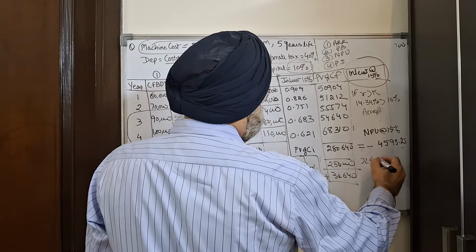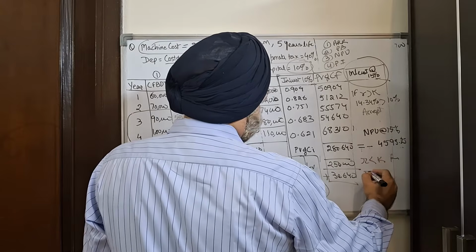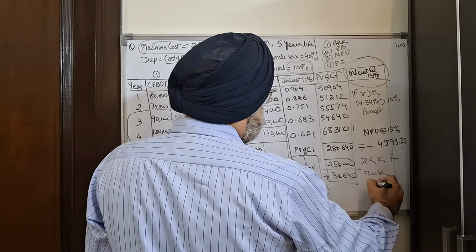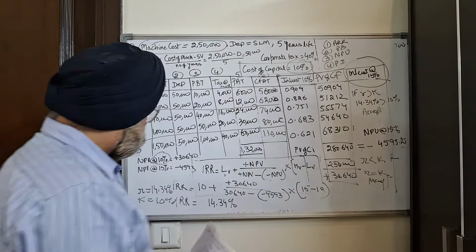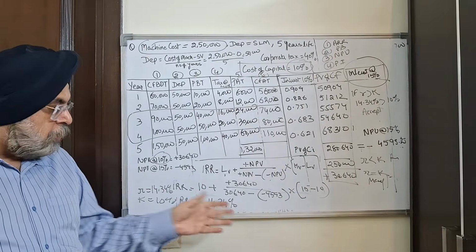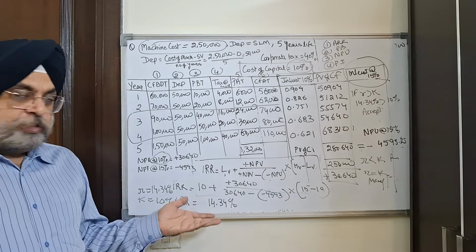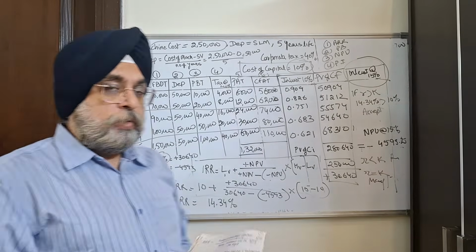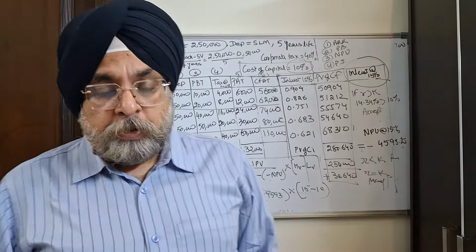If r is less than k, reject. If r is equal to k, may accept or reject. In this case, the small r is equal to 14.34%, which is better than 10%. So we are going to accept the project. Thank you very much.